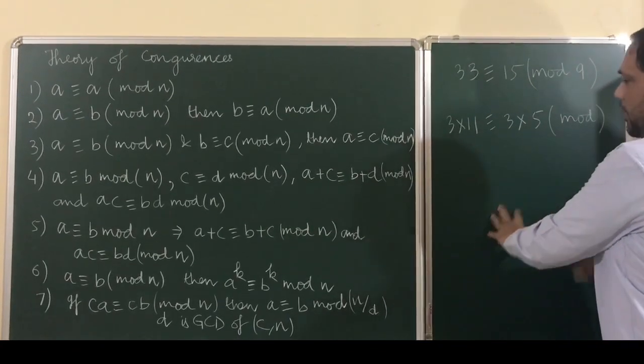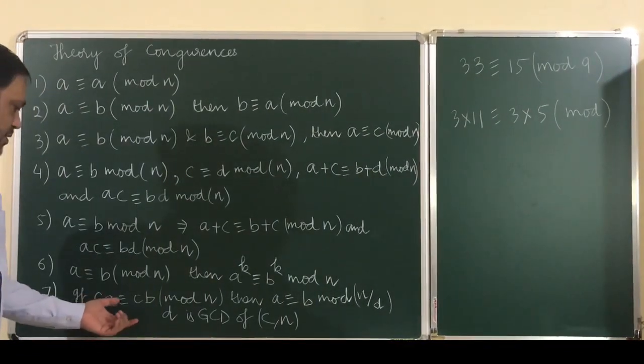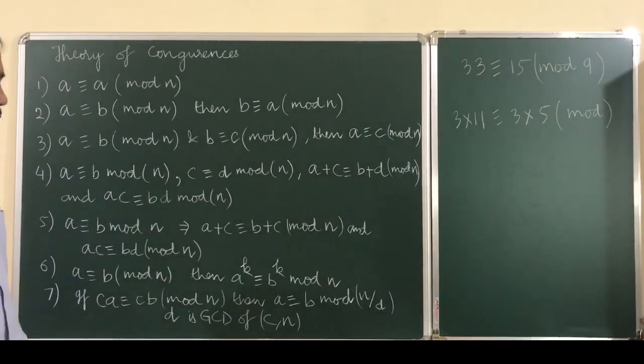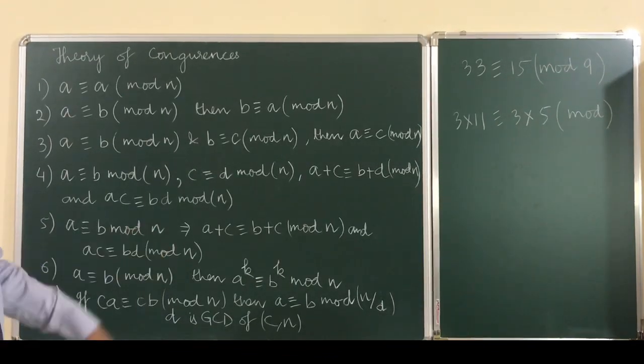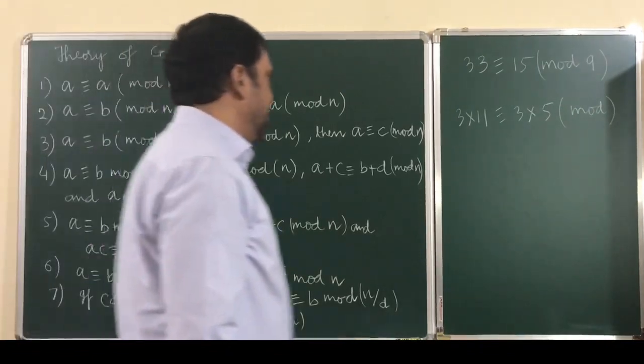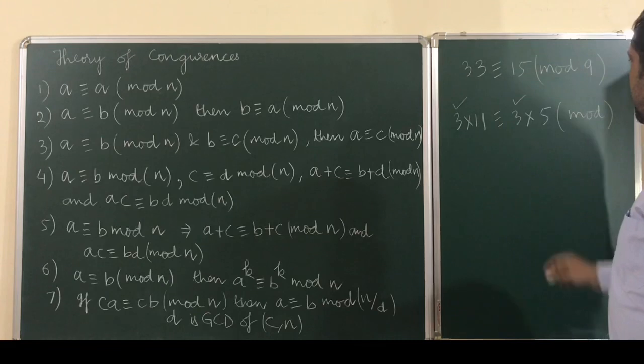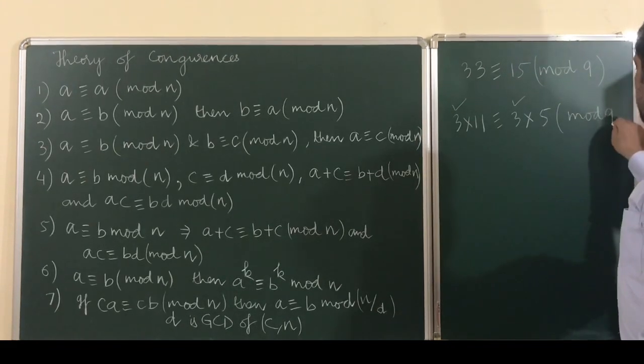Now see the seventh property: if CA is congruent to CB modulo n, then A is congruent to B modulo n by d, where d is the GCD of C and n. Clear? You can see that C becomes 3 here, and n is 9.